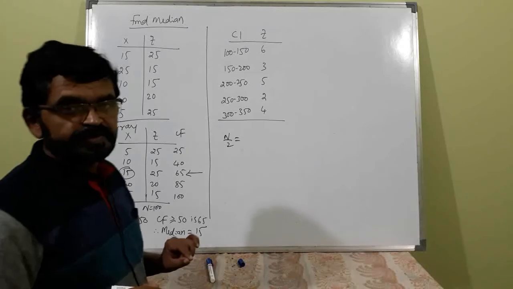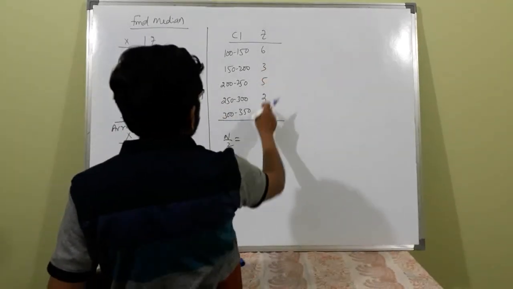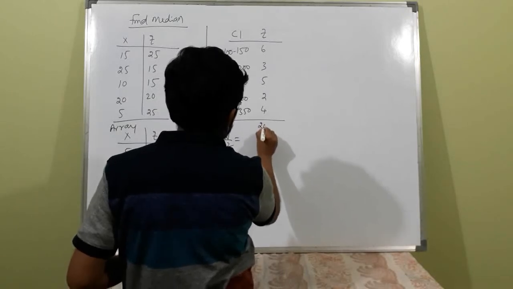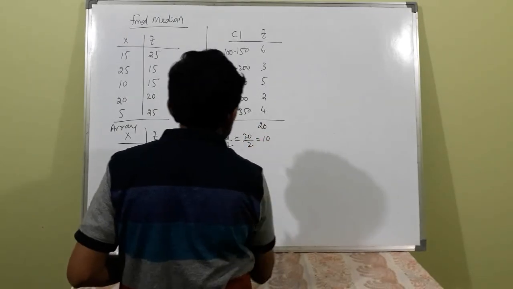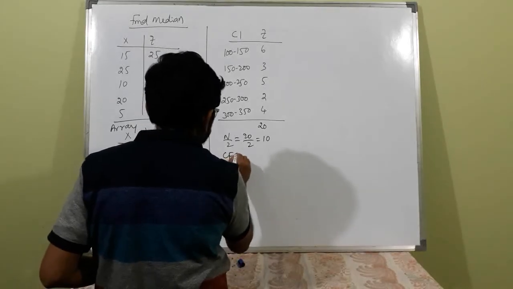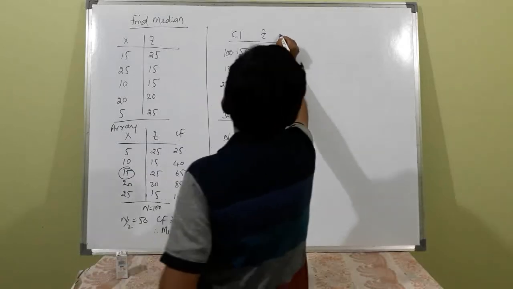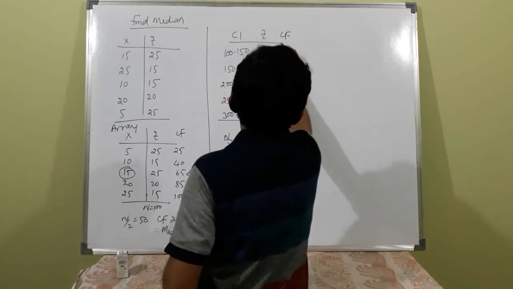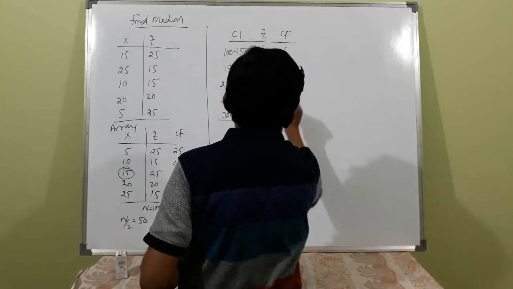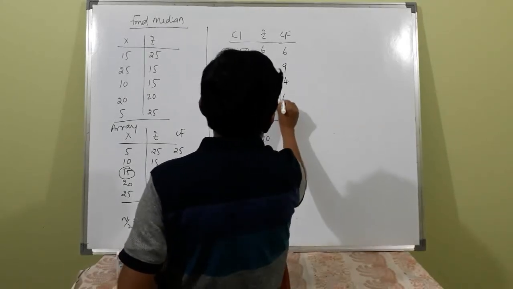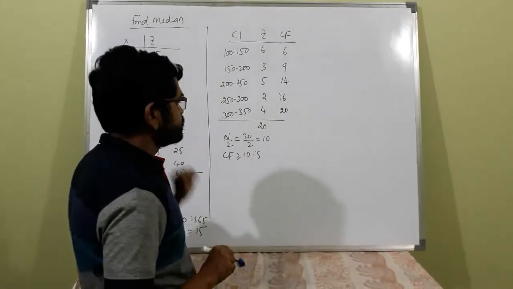First you have to find the median class. n is 20, so n by 2 is 10. So cumulative frequency greater than or equal to 10 is, you write the cumulative frequency: 6, 9, 14, 16 and 20.